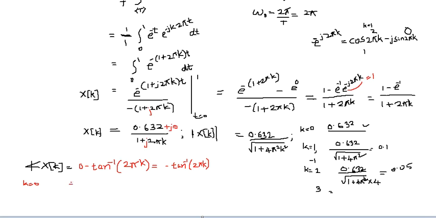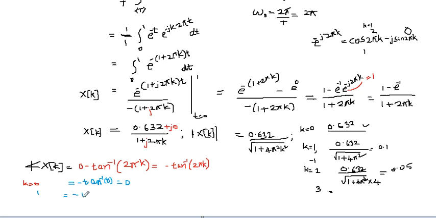So if k is equal to 0, the value taken by our phasal plot would be minus tan inverse of 0. So tan inverse of 0 is nothing but 0. So the phasal plot takes 0 value at the 0th instant. For k is equal to 1, what value does it take?